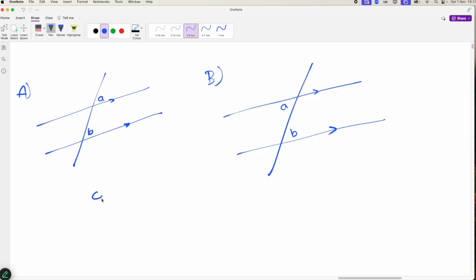And C: I have the two parallel lines, the transversal, and these two here. I want to know, you have A, B, and C. What kind of angles are represented by A, B, and C?